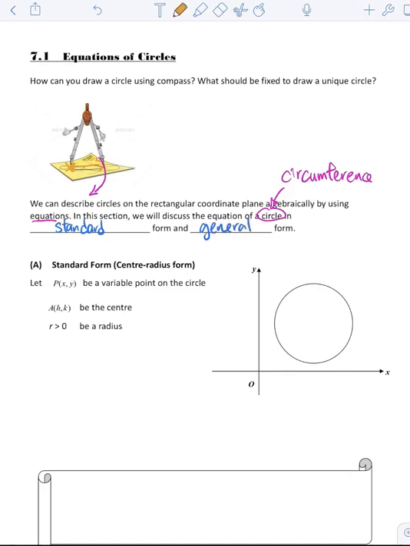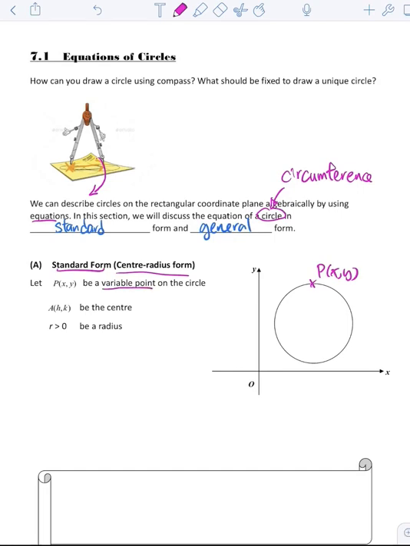Now let's study how to find the equation of a circle in standard form. We also call this center-radius form. Now, let P(x, y) be a variable point on the circle, that means on the circumference. P is any point on the circle.